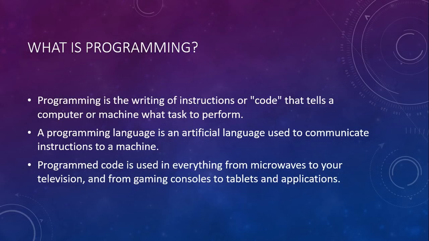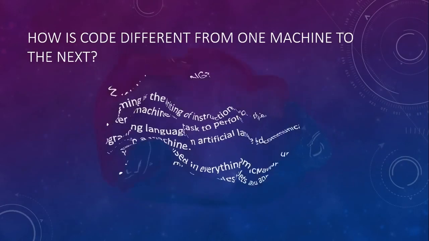It's used in everything, even modern-day automobiles, tractors, any kind of thing you can think of has some kind of computer chip. And a lot of those computers have sometimes specialized code that will then run different things. So programming is very widespread, very used within the world. It's not simply limited to apps.